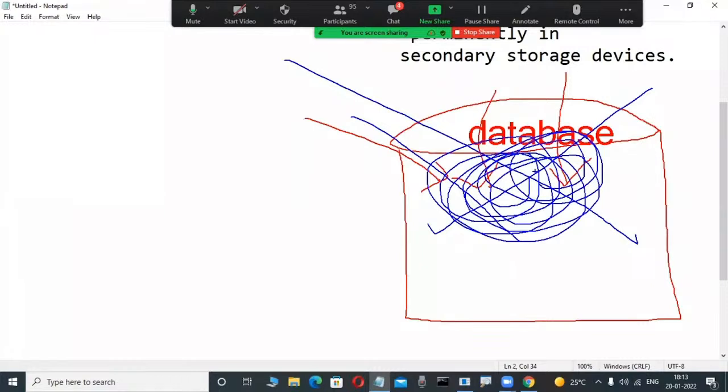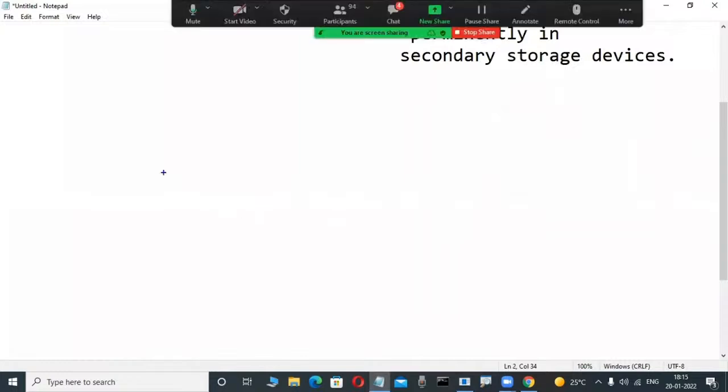These databases only store a structured collection of data. For any random collection of data, there are non-relational databases like MongoDB. That is different. Oracle, SQL Server and DB2 are relational databases.